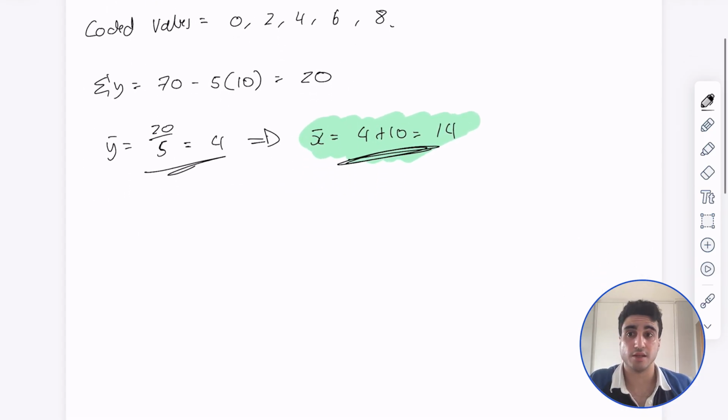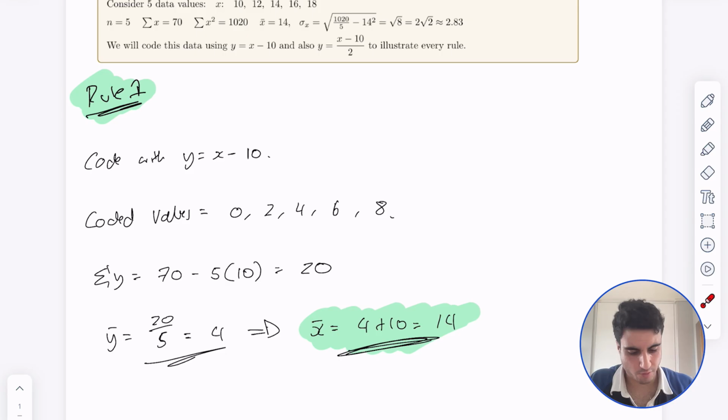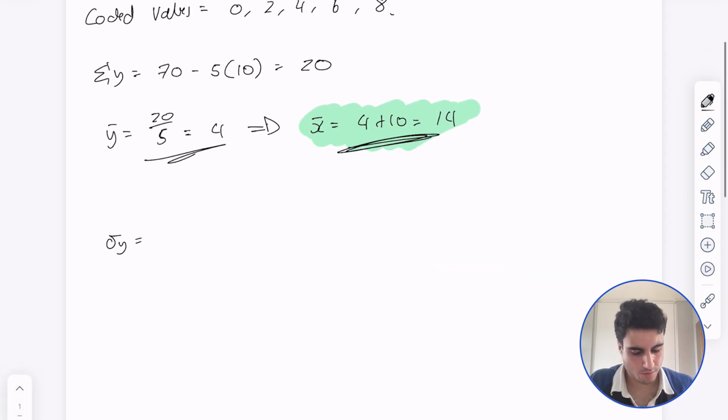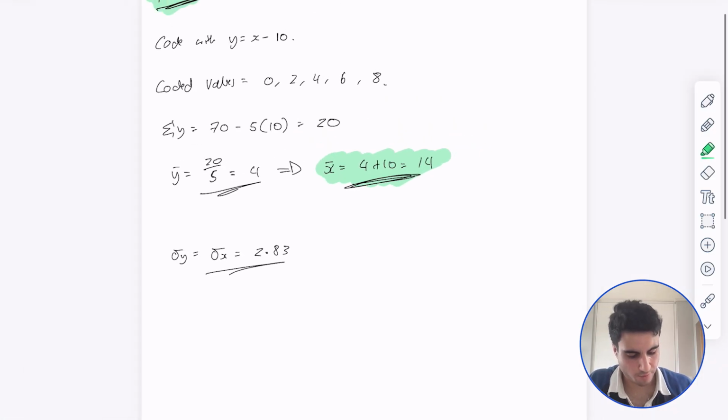That is that the standard deviation of y, what is that? Well, you could go through and calculate that, but according to our rules here, it's simply going to equal 2.83.